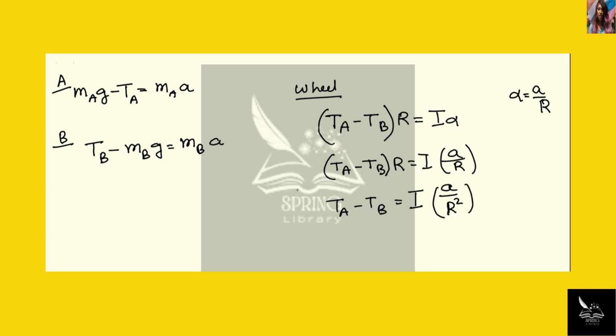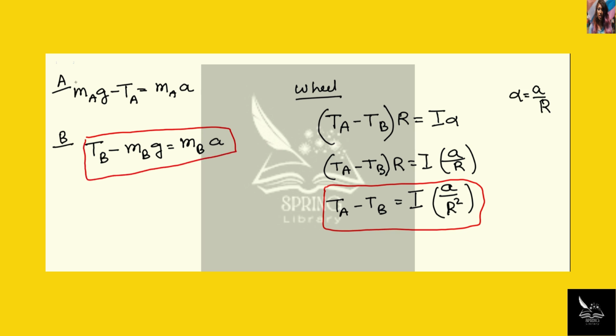Okay, so we have 3 equations now and 3 unknowns. The 3 equations are this one from the wheel, from box B, and from box A. There are 3 unknowns, TA, TB, and a, so it's solvable.